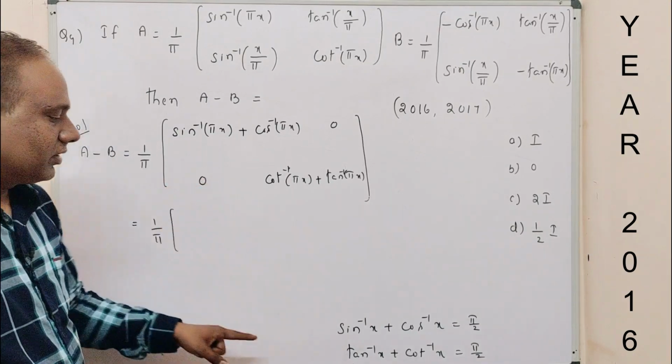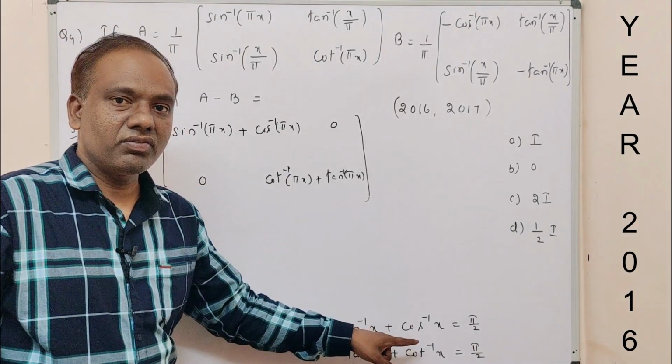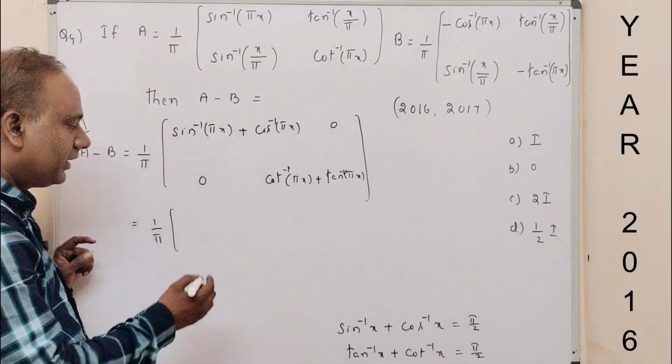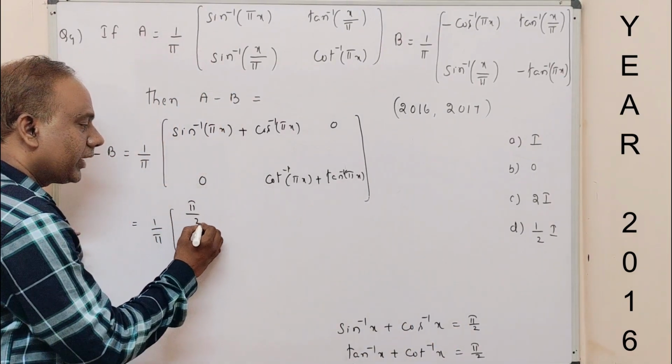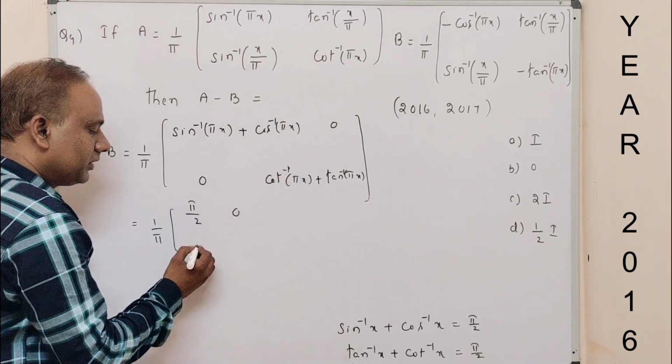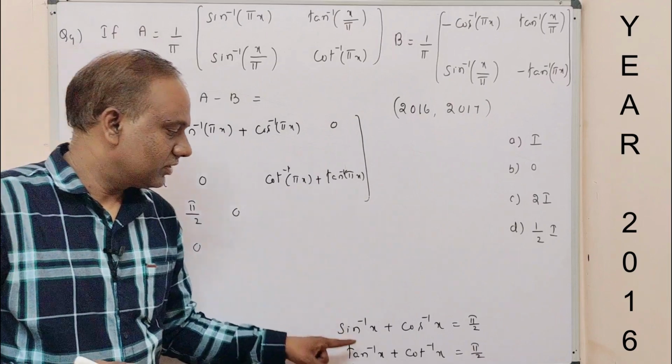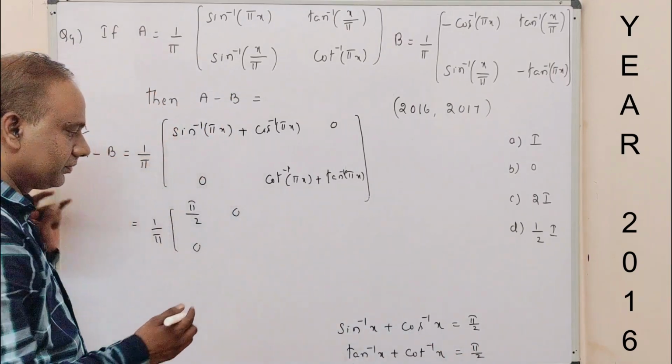So it is like sine inverse x plus cos inverse x. Sine inverse x plus cos inverse x is 90 degrees, that means pi by 2, and the 0s stay 0. It is tan inverse x plus cot inverse x, which is also pi by 2.